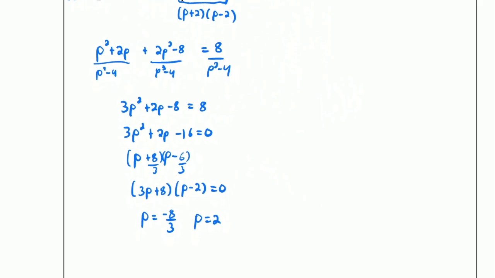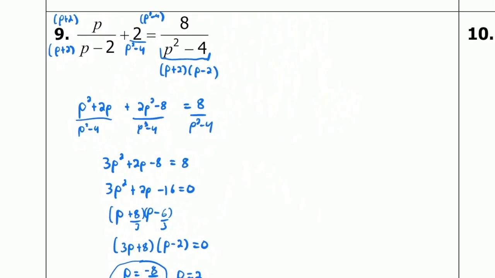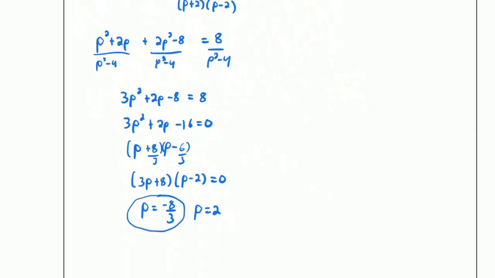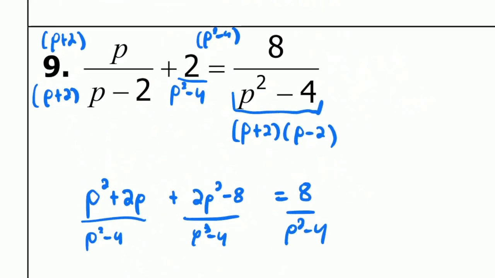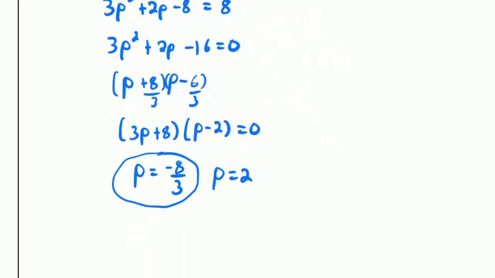Now, again, I should check for extraneous solutions, because plugging in negative 8/3 will give us a denominator that's not equal to 0. But if I were to plug 2 back into my original equation, either here or here, it would result in 0 in my denominator, so therefore that is not a solution. So p equal to negative 8 divided by 3 will be our only solution in this case.